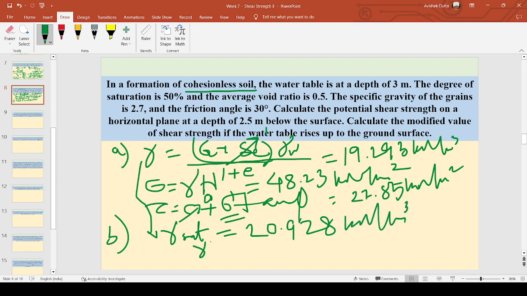This is gamma sat, and hence gamma submerged will be equal to gamma sat minus gamma W, that is 11.118 kilonewton per meter cube. Now if we have to find out the value of sigma dash at a depth of 2.5 meters, sigma dash will be equal to gamma submerged into H, that is 11.118 into 2.5, which gives us a value of 27.795.